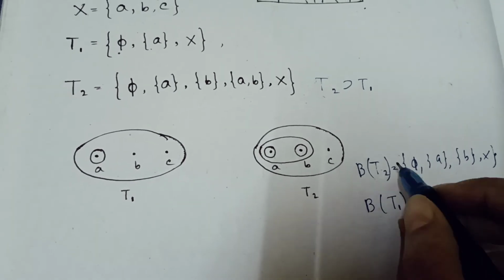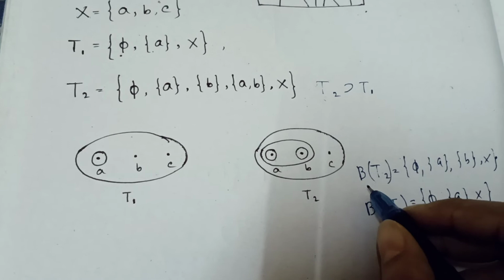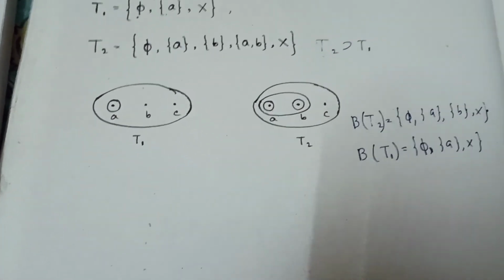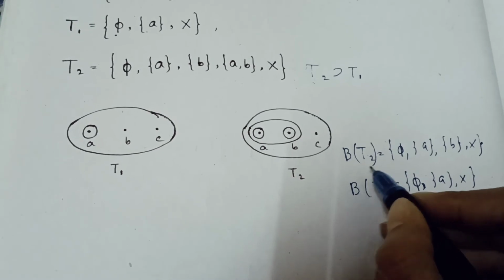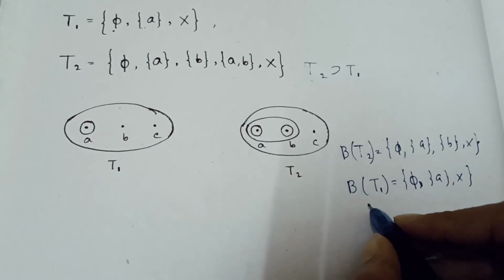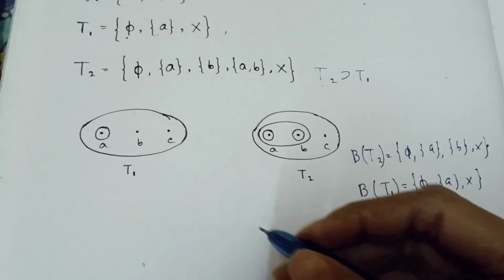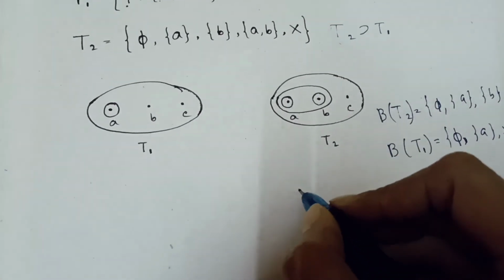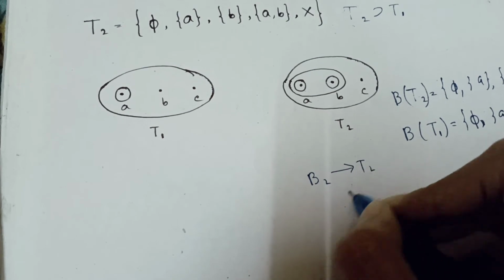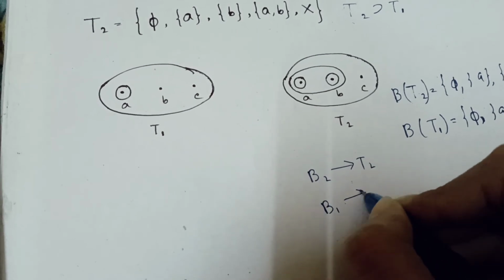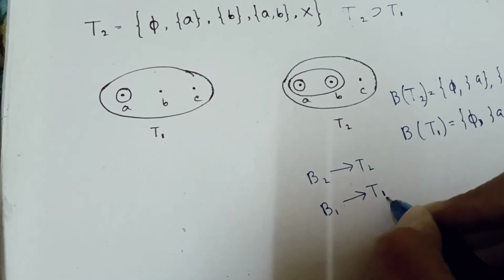So let B2 be a base of T2, and B1 be a base of T1.